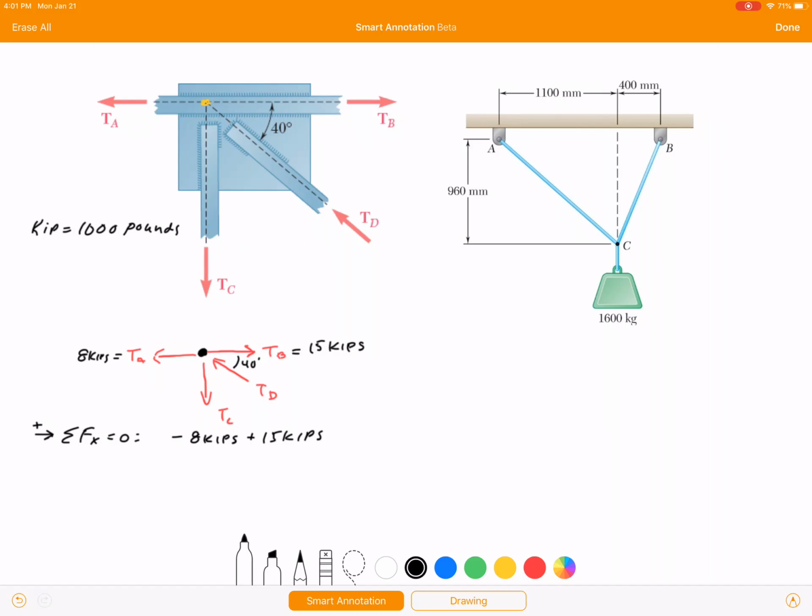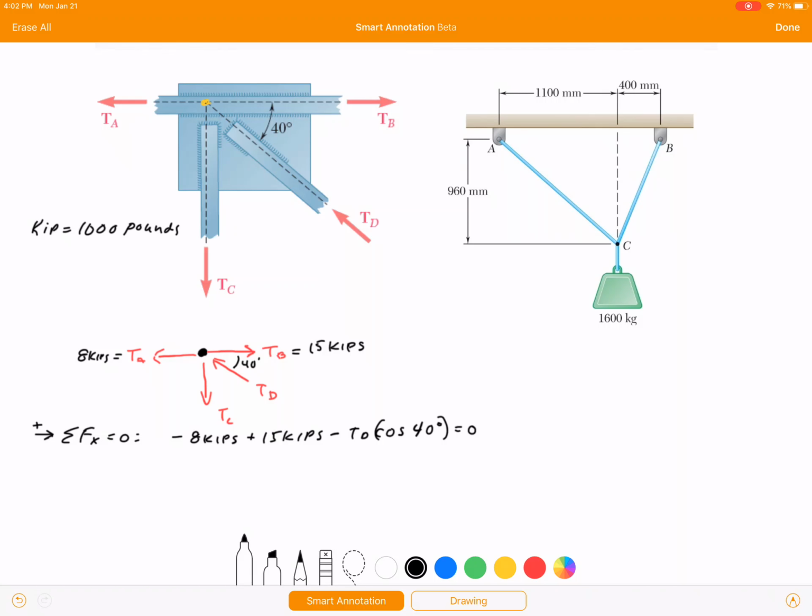And then TD, we don't know what TD is, but we know the angle there, and we're only adding the x component of TD, which would also be headed in a negative direction, and that would be TD times the cosine of 40 degrees. And TC, there is no component at all in the x direction. It is all in the y direction, so there's nothing from that. So this is going to equal 0.